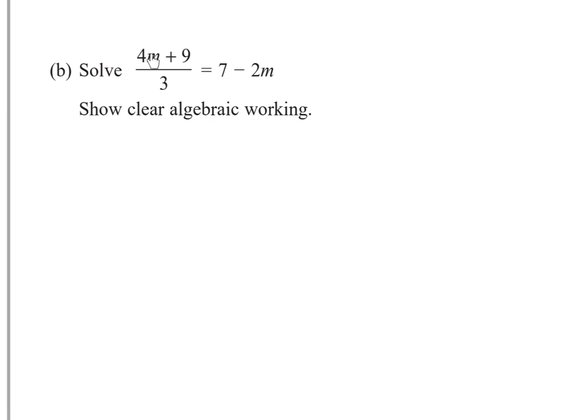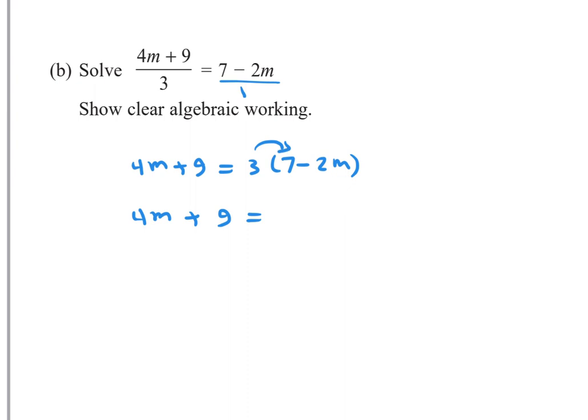b, solve (4m plus 9) over 3 equals 7 minus 2m. Show clear algebraic working. Cross multiply to solve. So 4m plus 9 equals 3 times (7 minus 2m). So 4m plus 9 equals 3 times 7, 21, 3 times negative 2m, negative 6m.